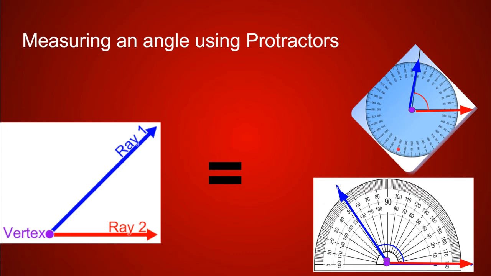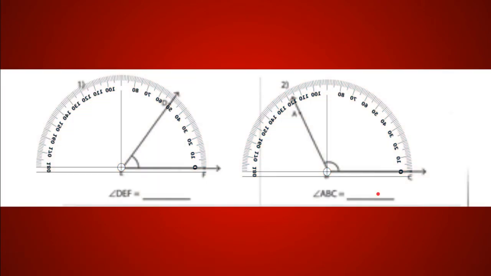So, let's move on, shall we? Now we'll see how to measure. These are protractors, and protractors help us to measure. I have these two angles right here, and they've been aligned respectively. So this one, we have ray 2 over here, the vertex, and ray 1. Now we have to see where ray 1 lands.